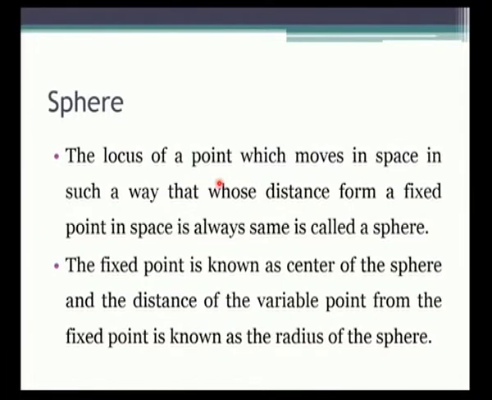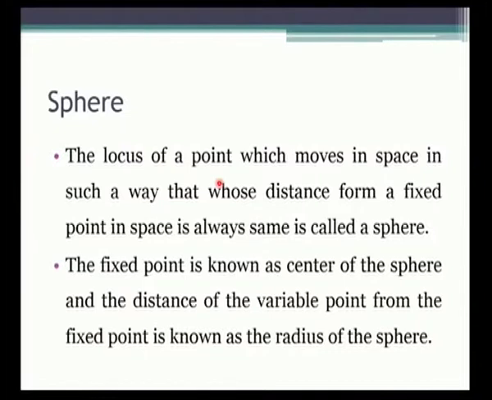This point moves in the space from a fixed point, then the movement of this point from the fixed point will be equidistant. If such an equidistant point is moved, then it will give a sphere. Then the fixed point is known as center of the sphere, and the distance of the variable point from the fixed point is known as radius of the sphere.